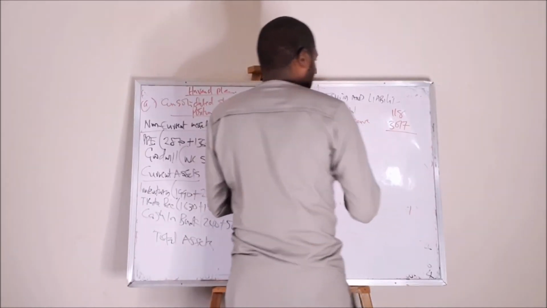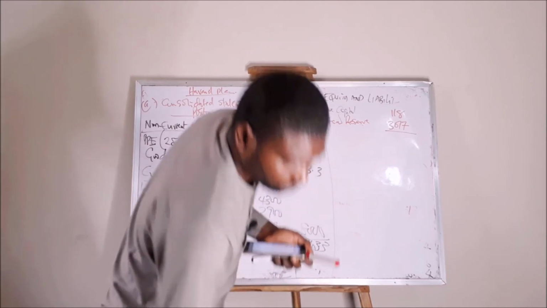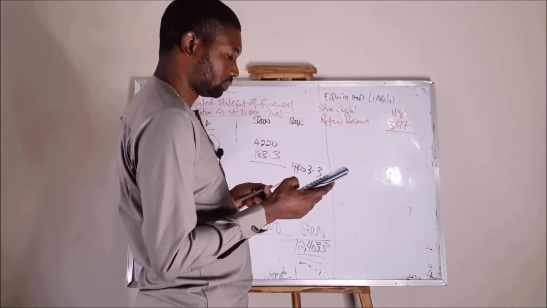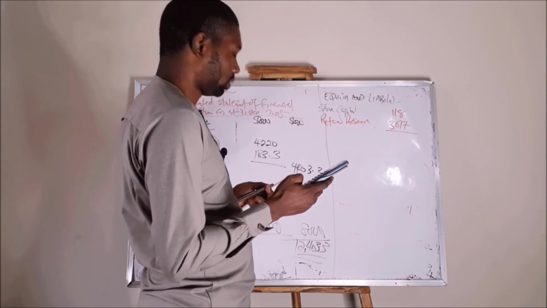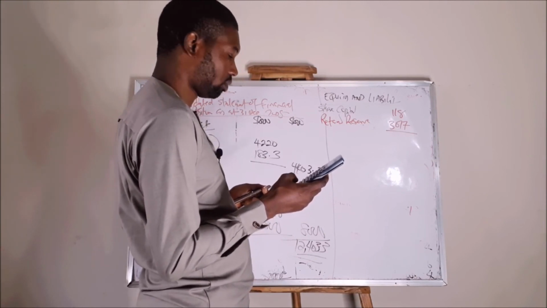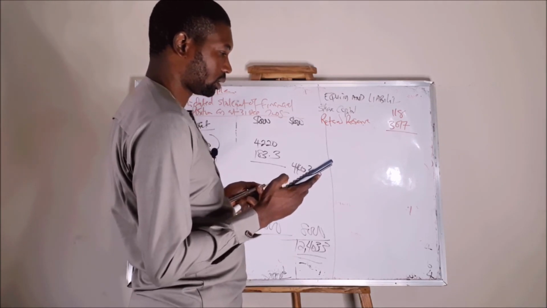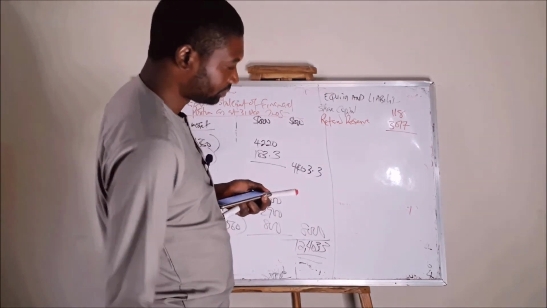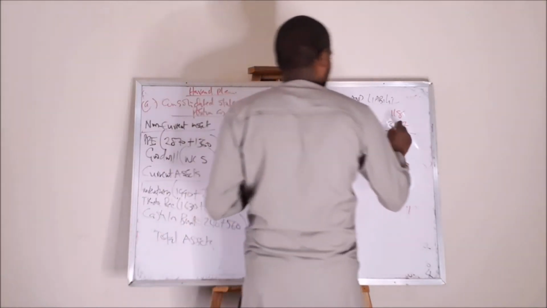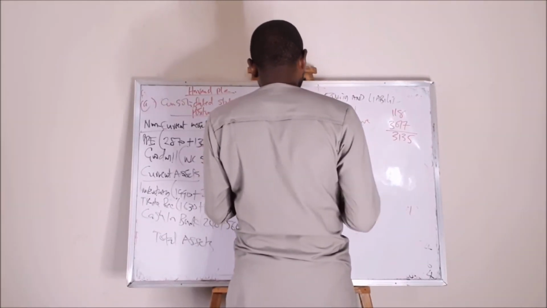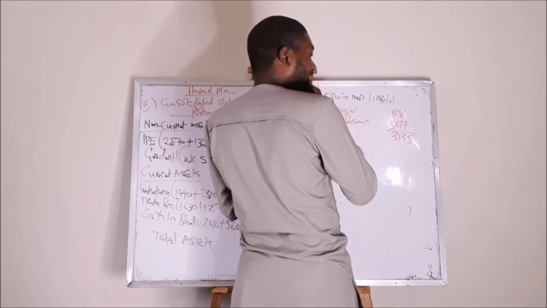Okay, we can add this. This is 118 plus 3017 plus 3135. The NCI, the one we computed, that's the one under the additional information.